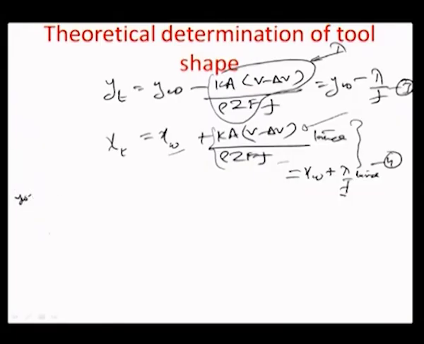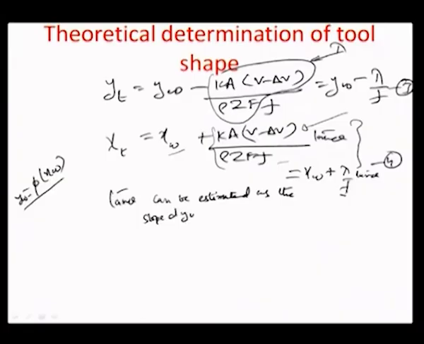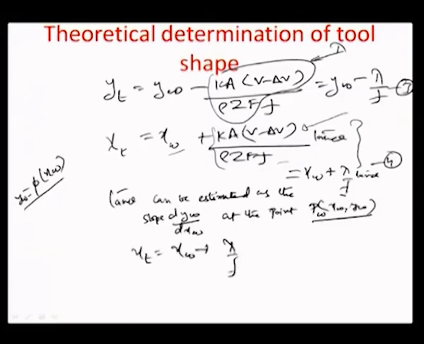So, yw is a function phi of xw on the workpiece side, and tan theta can be estimated as the slope dyw by dxw at the point Pw xw yw, okay, where xt equals xw plus lambda by f times tan theta, which is dyw by dxw.